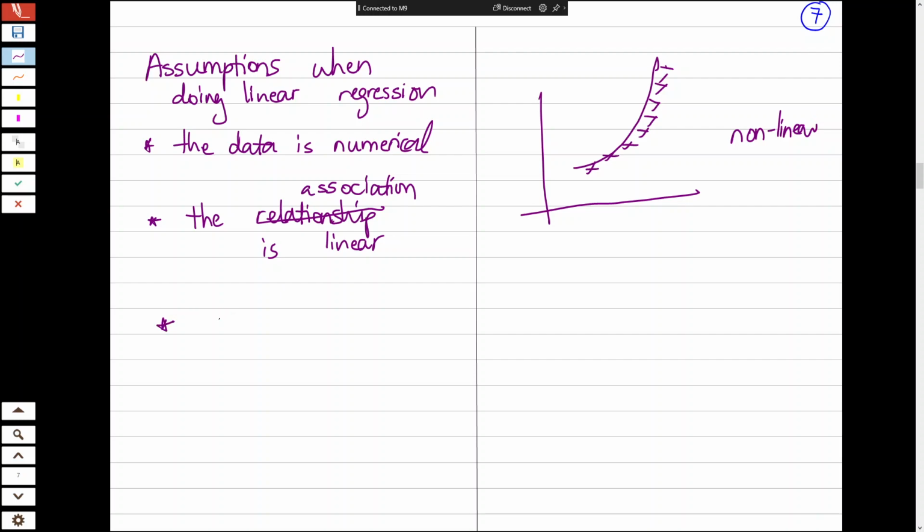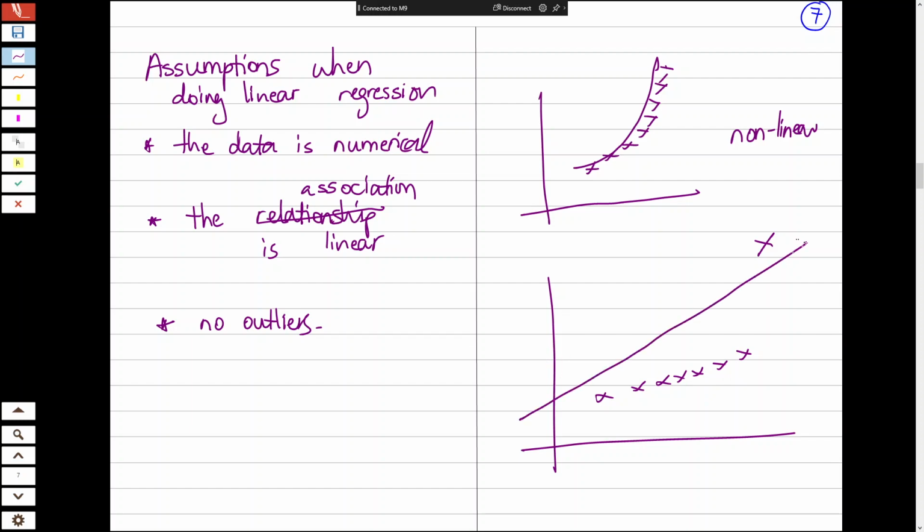And the last one is there are no outliers. Something very interesting happens if you have an outlier. We might do a demo of this later. So see, I've got some really nice data here, and I've got an outlier. If you do this, this is going to happen.